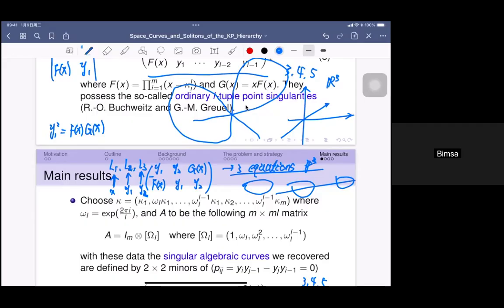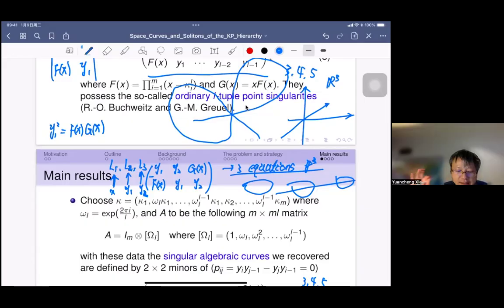So the Riemann surface has 3 sheets. Is that correct? Yes, exactly. That means this simplest one will give you genus 2 solutions of Boussinesq. This is actually, as far as we know, not very well known.